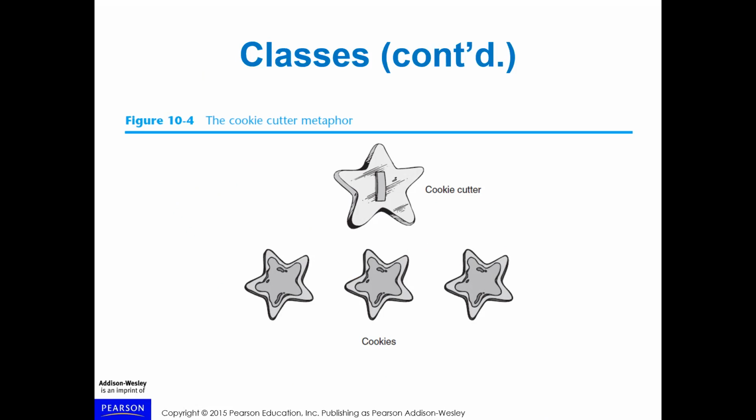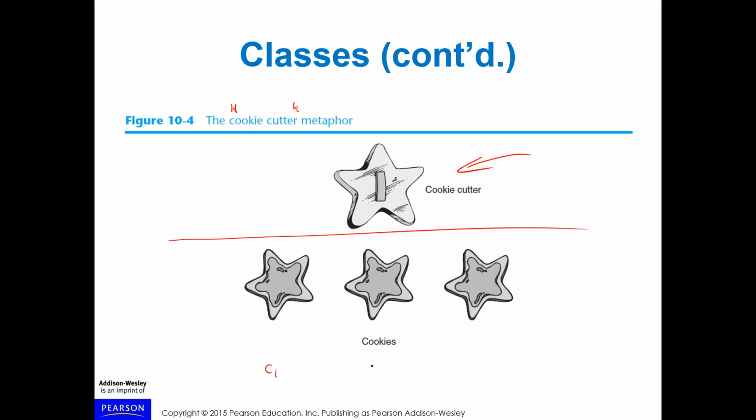All right, so now we have this diagram here. So again, the cookie cutter metaphor. Instead of blueprint, now cookie cutter. So the idea is you have the cookie cutter, that's again the definition, and then you have the instances.